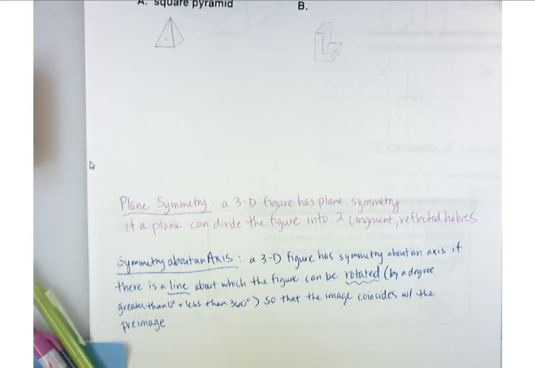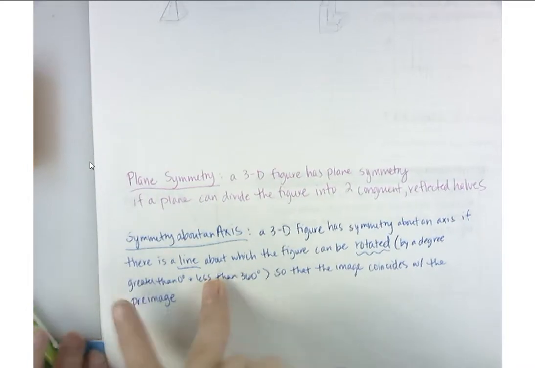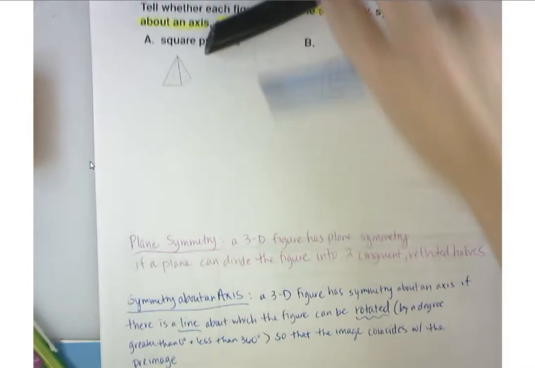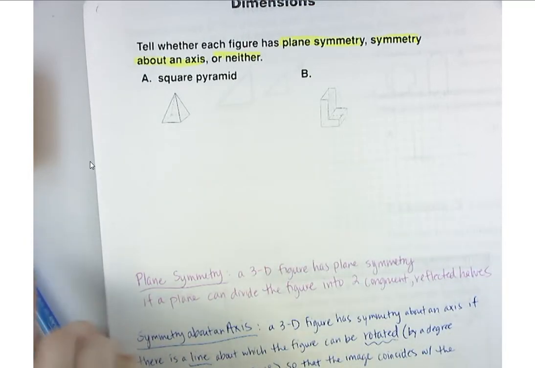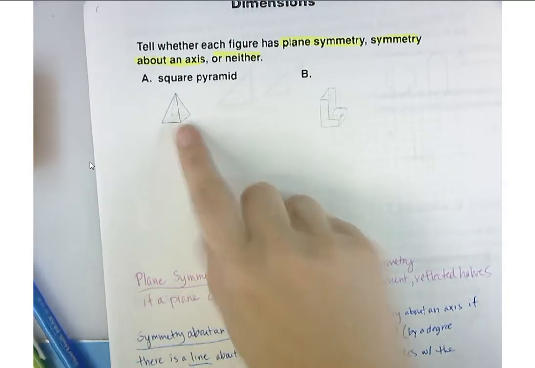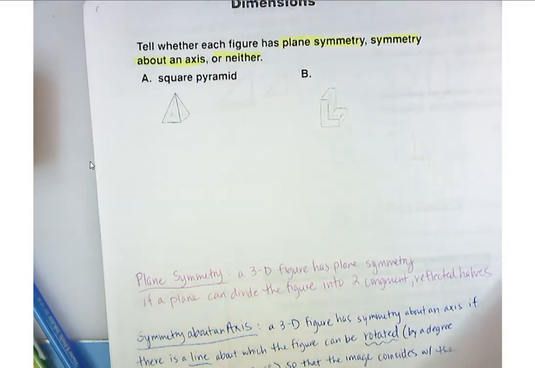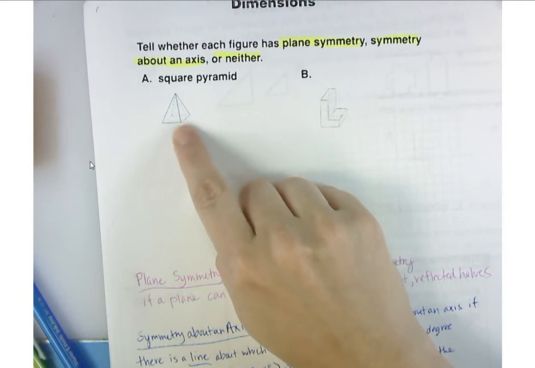Okay, so now we're going to talk about our two shapes. The first one is plane symmetry. If it has plane symmetry, it means that you could take a piece of paper and chop that pyramid in half. Now, this pyramid, let's look at the base.